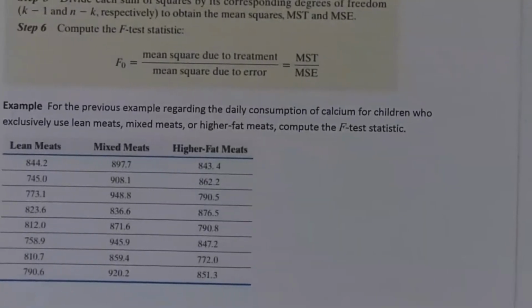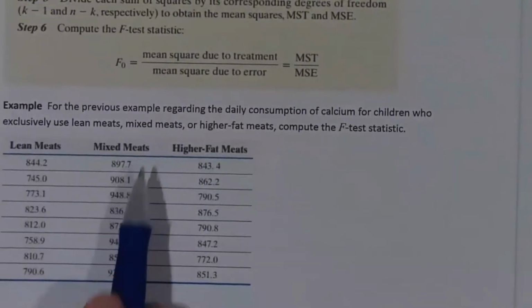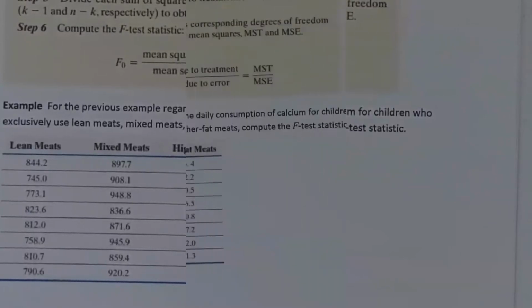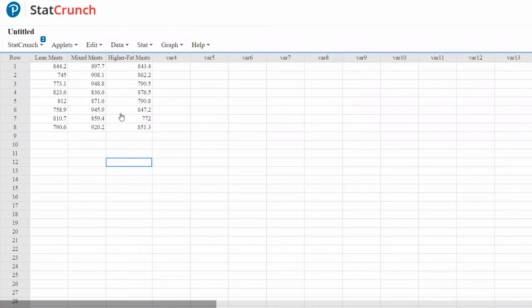So in order to calculate this, the first thing I'm going to need to do is find the overall mean. Now, I can calculate the overall mean a couple of different ways. I'm going to come back to StatCrunch here. So again, I have the data here in StatCrunch for the three groups.